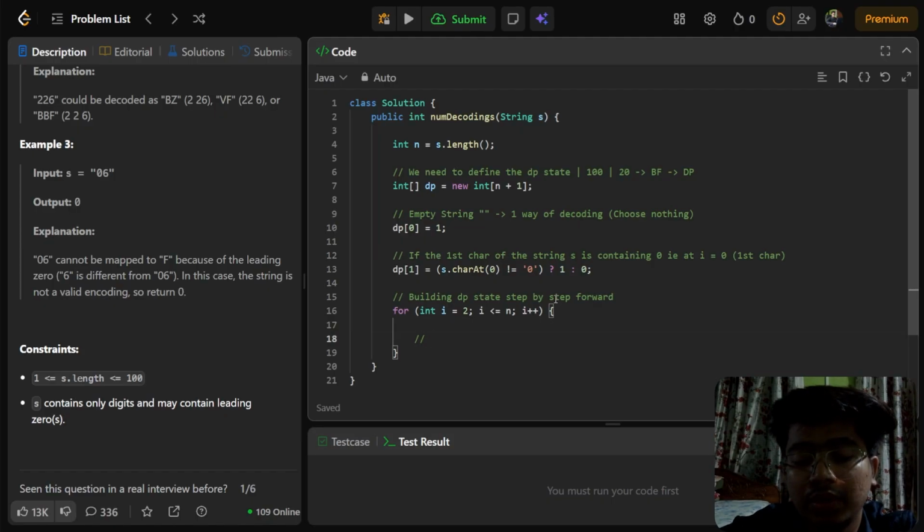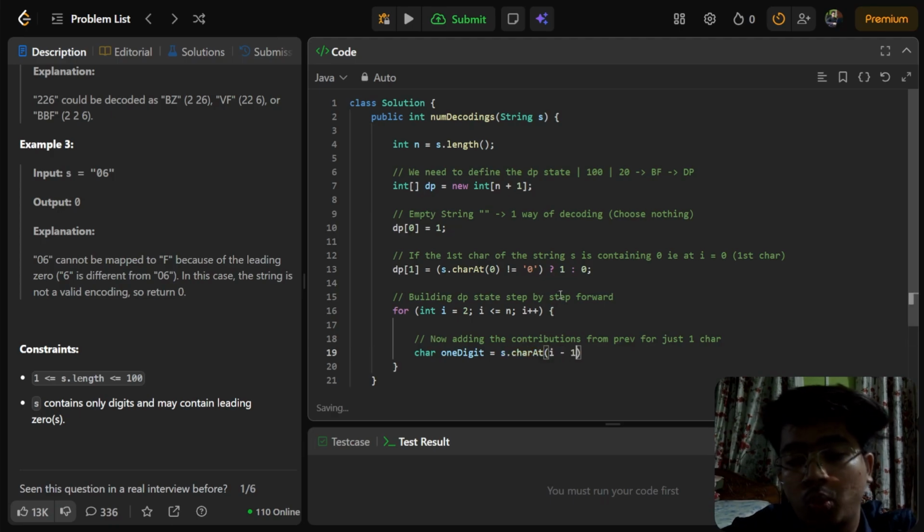So now adding the contributions from previous for just one character, so we are handling the case of one character only. So first of all, we extract the one digit that is equals to s dot character at i minus 1.